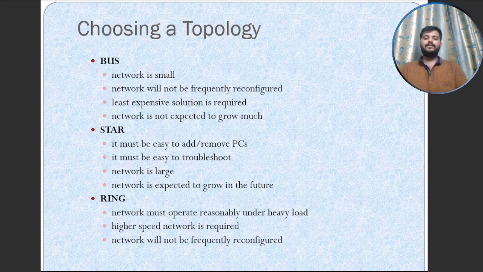Ring topology, if you require a high speed network, then go for the ring topology. And mesh, again, it brings its own kind of advantages. So again it depends on which topology to use and which not, according to the organization, according to the conditions which you require. And again, cost is also an important issue.